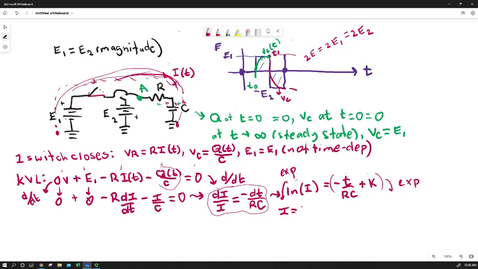So we can write this as k. Really it's exponent of k, but the exponent of a constant is just another constant. So we get k times exponent of negative t over RC.